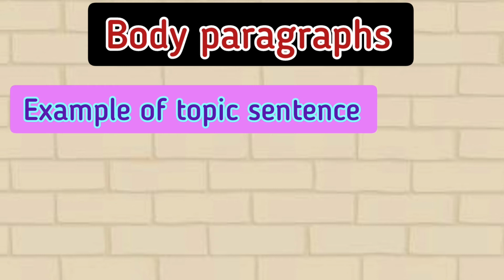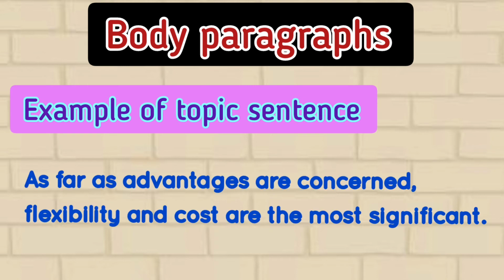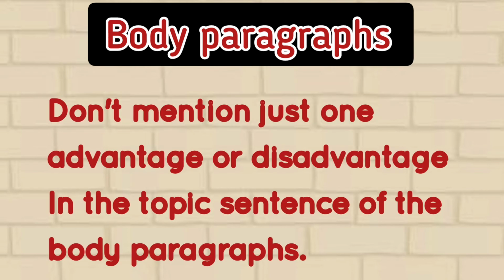So, the first topic sentence of your first body paragraph would be, as far as advantages are concerned, flexibility and cost are the most significant. Okay? So, don't mention just one advantage in the topic sentence or one disadvantage. That is a mistake because the controlling idea controls all the body paragraph. And in the body paragraph, you are going to write about the advantages. Okay?